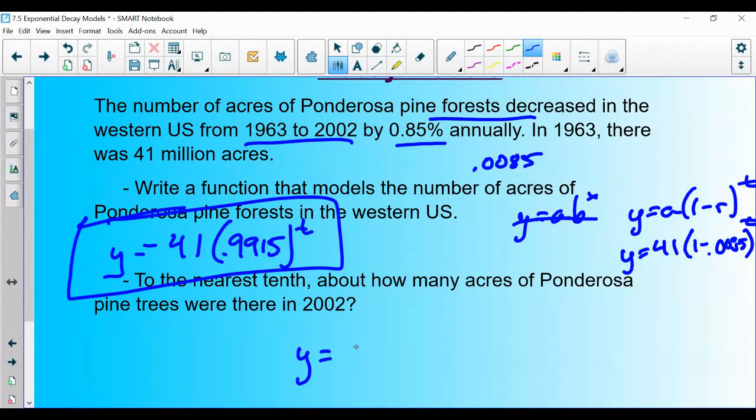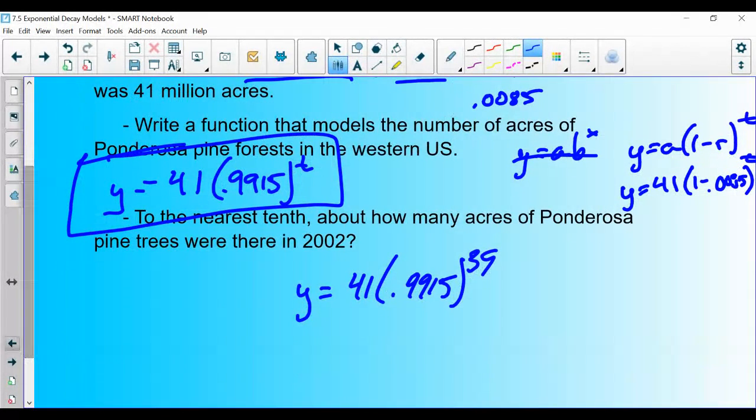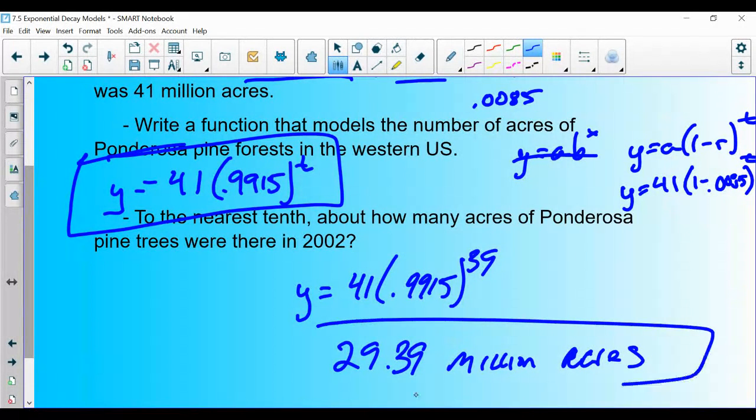We would get y is equal to 41 times 0.9915 to the 39th power. We can type this into our calculator, 0.9915 to the 39th, and get 29.39 million acres. So that'll be our answer to this question.